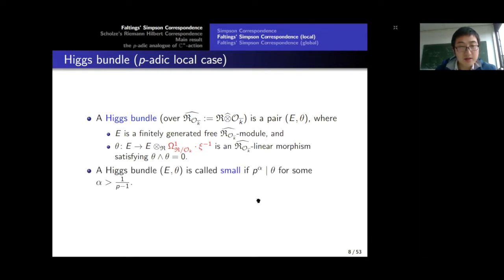And a Higgs bundle is called small if p to the alpha divides theta for some alpha greater than 1 over p minus 1.